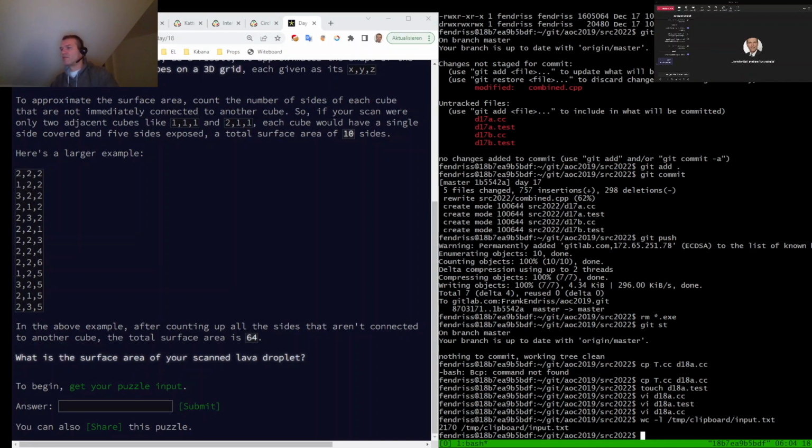So it's 2170 cubes in the original input. So if we check every x coordinate and then find if they are touching, if two coordinates are the same and one is different by one, you can simply sort them.